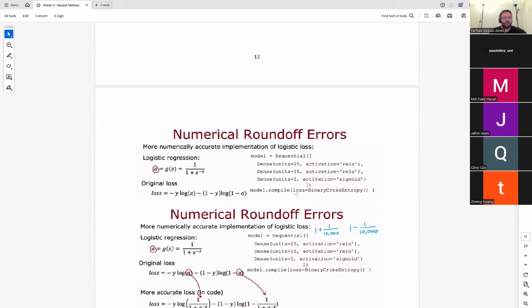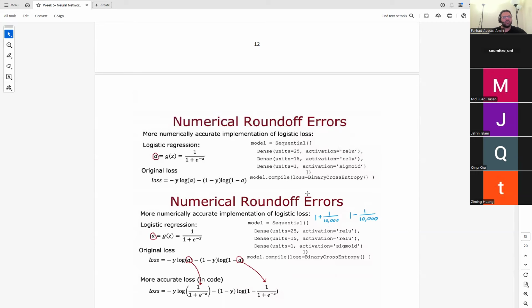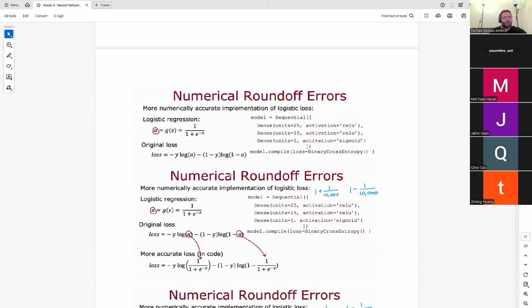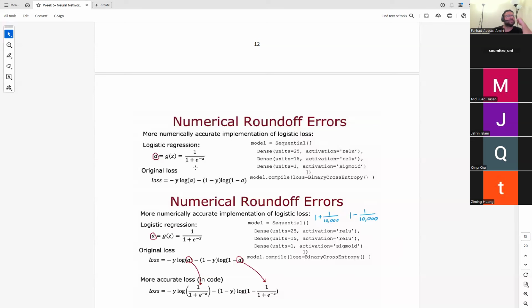And then you compile your model and the loss function is binary cross entropy. This one here. But how can you optimize this? In logistic regression, you remember the activation function g of z was 1 over 1 plus exponential of minus z.